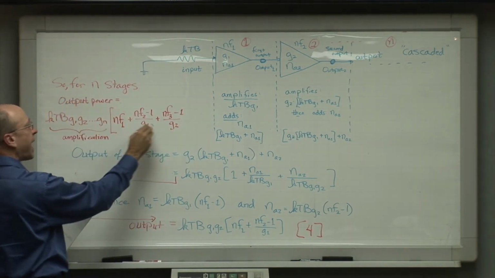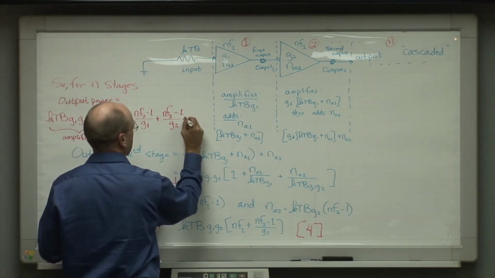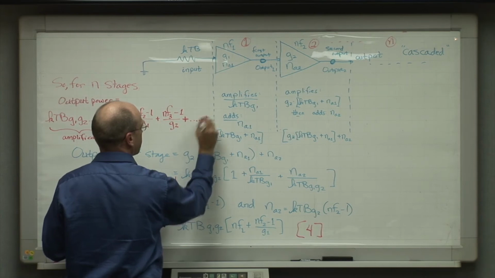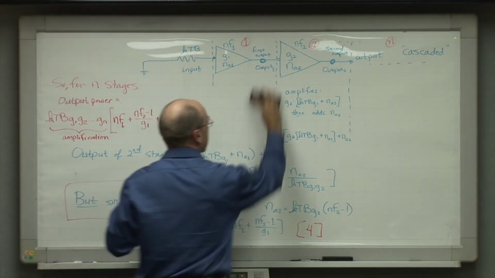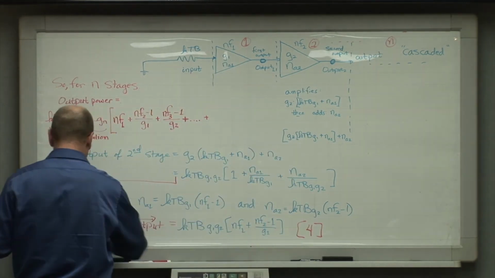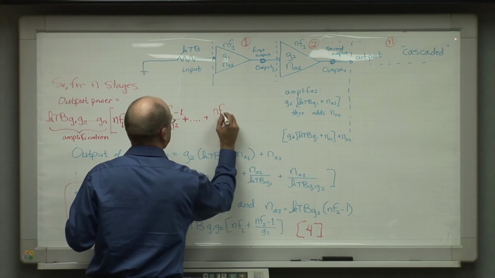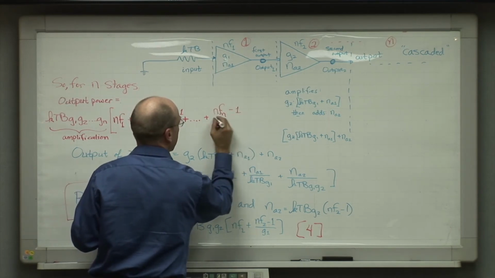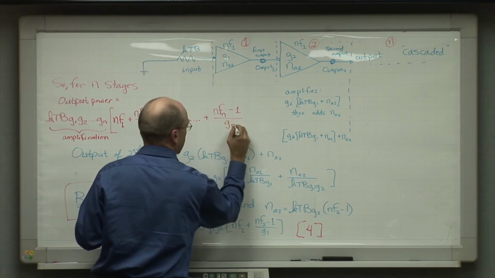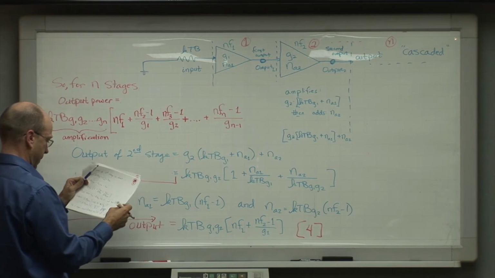So the gain terms lag one behind the noise factor terms, plus, and now the pattern continues out here indefinitely, and unfortunately I have to erase this little part right here, plus all the way out to noise factor of stage n, the last stage, minus 1, divided by the gain of the next to last stage, G sub n minus 1.